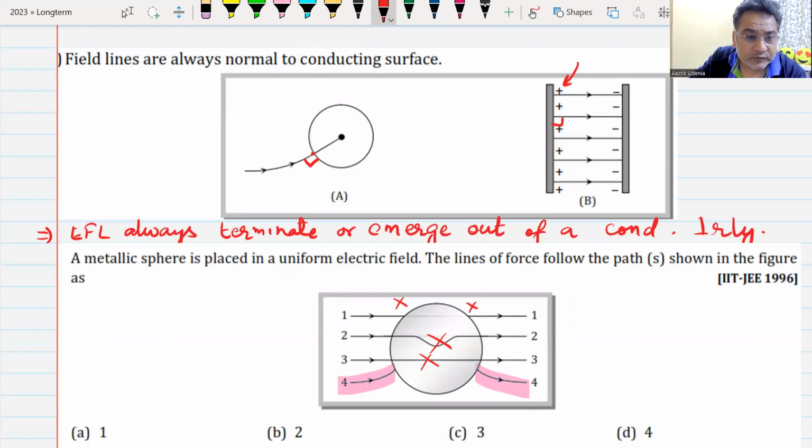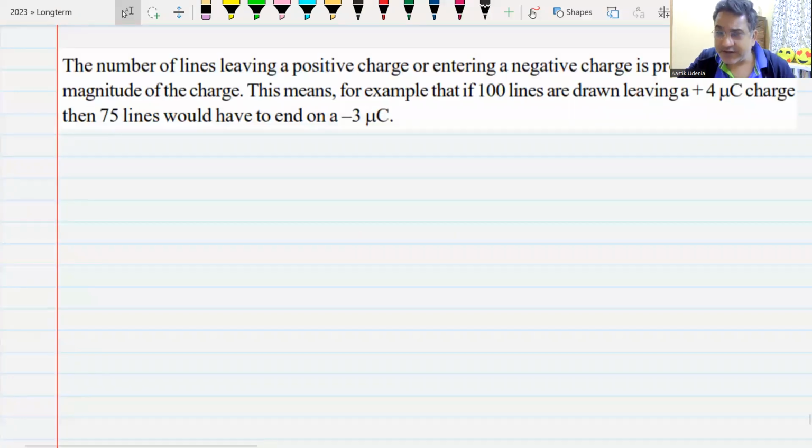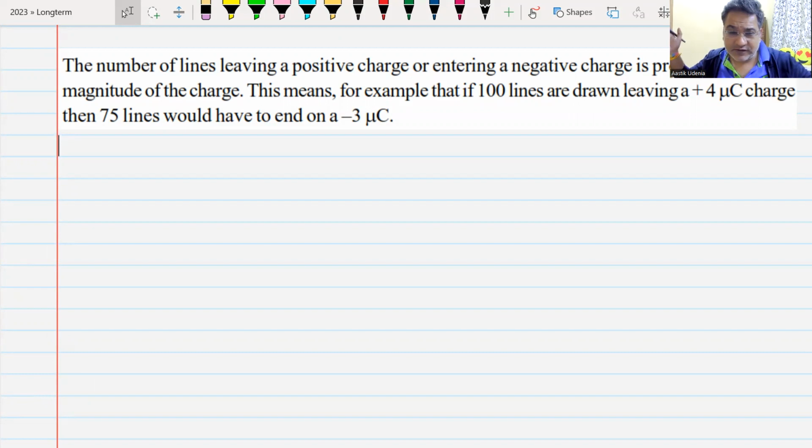Now, by looking at the number of electric field lines which are leaving or terminating on a charge, we can find out the value of the charge. If the number of field lines emerging out or terminating is more, the charge is more. If the number of field lines is less, the charge is less.